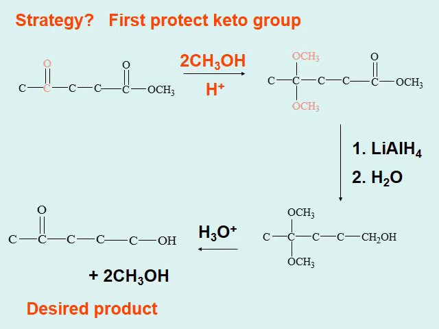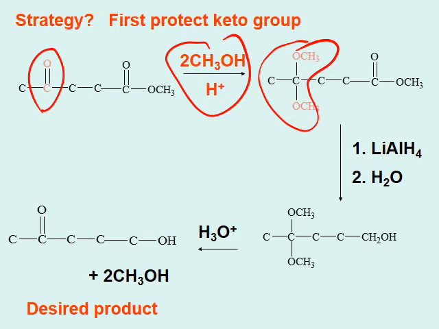So we're using methyl alcohol as a protecting group. Two moles of methyl alcohol are going to bind with this carbonyl group and give you an acetal. So this is the acetal. Then you should allow lithium aluminum hydride. Remember, lithium aluminum hydride is going to offer H- in the reaction.